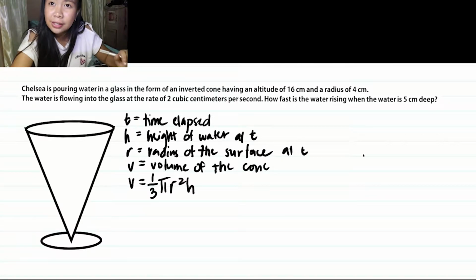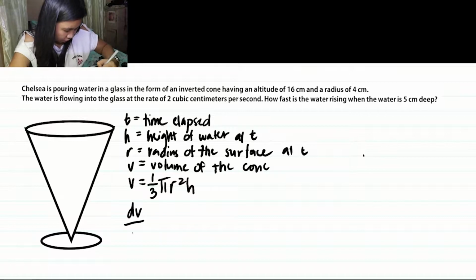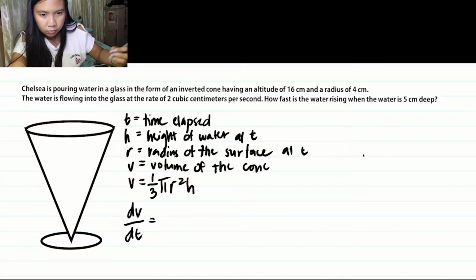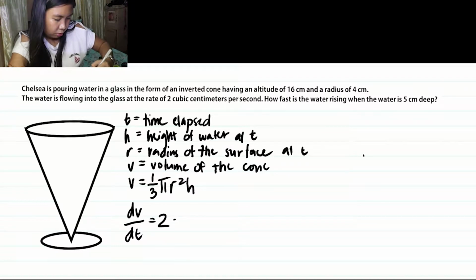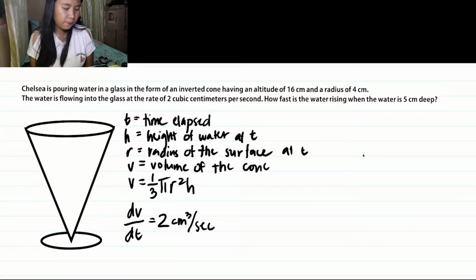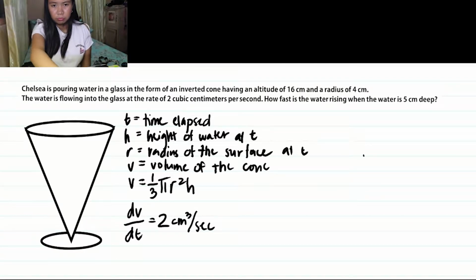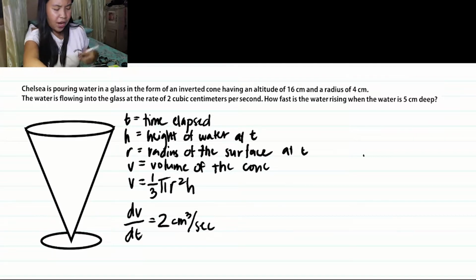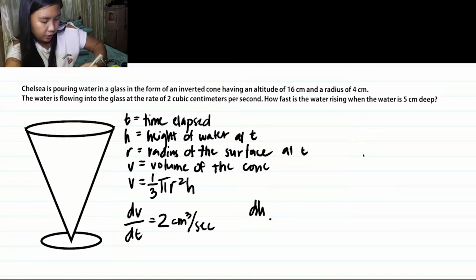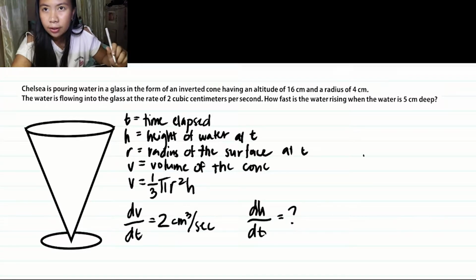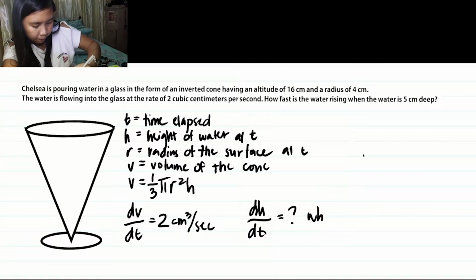So 2 cubic centimeters per second is our dV over dt. What we wish to find is dH over dt, and that is our unknown, when H is equal to 5.